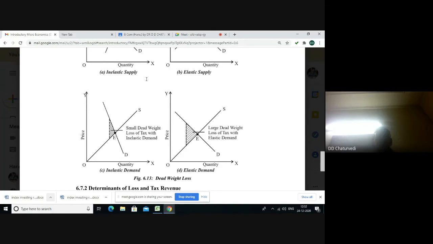Here also we find that with less elastic demand, there is small deadweight loss of tax, but there is large deadweight loss of tax when the elasticity of demand is high.